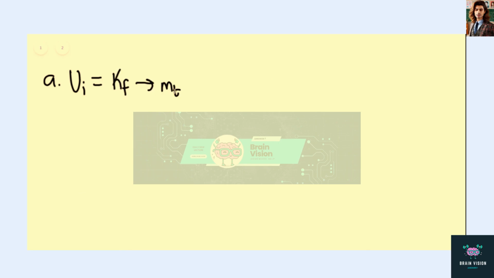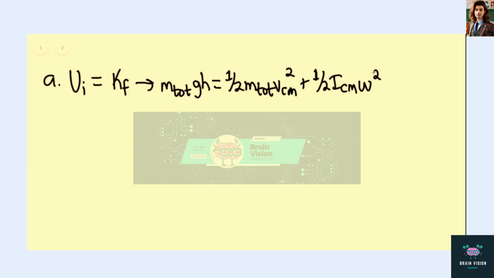And we can say the total mass times g times h would equal 1/2 times the total mass times the velocity of the center of mass squared, plus 1/2 times the moment of inertia through the center of mass times omega squared.